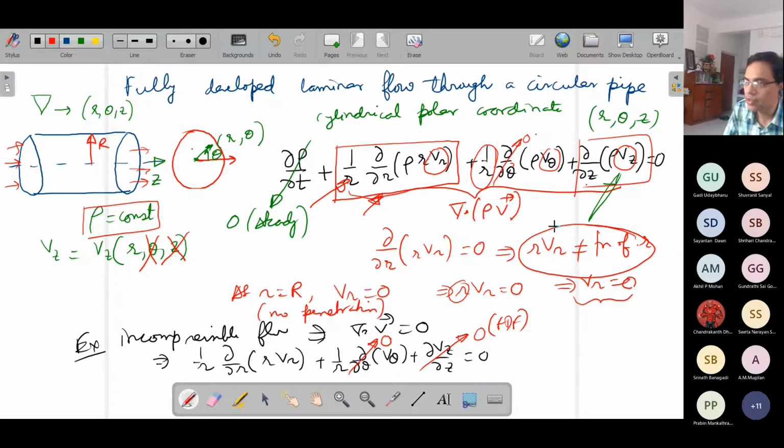We have earlier discussed that incompressible flow need not have density equal to constant. So this is not a must, provided it is incompressible. So you could have a variable density incompressible flow for which you can equally conclude that Vr equal to 0.